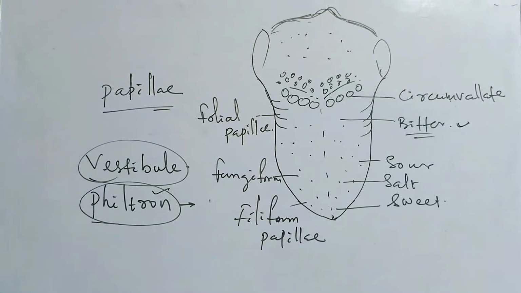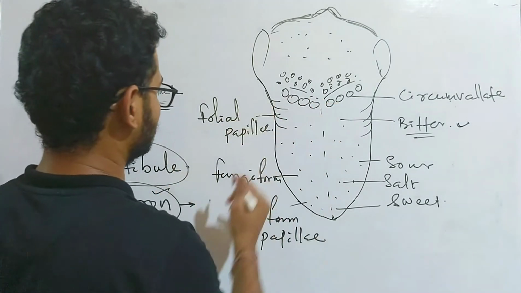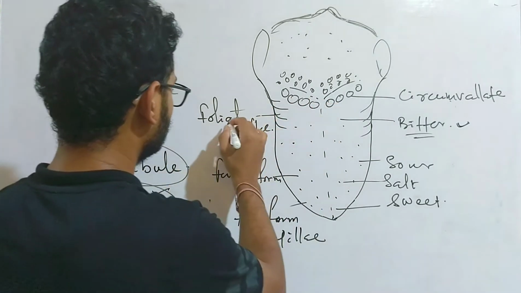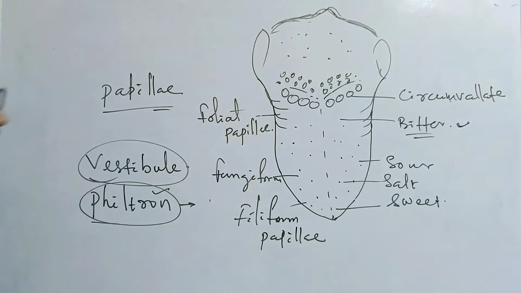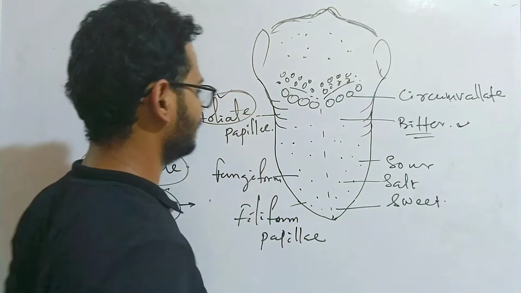Okay, so the foliate papillae are at the lateral side of the tongue, which has less function.